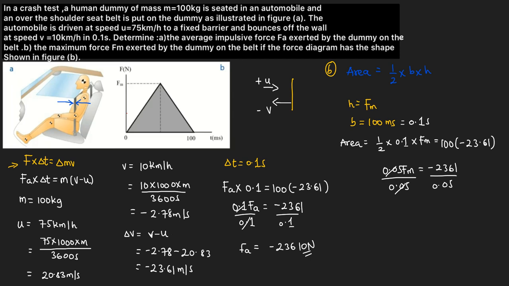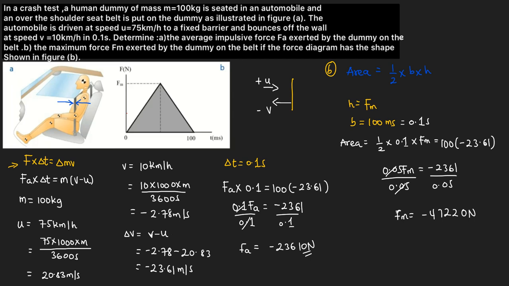Minus 2361 divided by 0.05 will give us Fm equal to minus 47220 Newton. That will be the value for the maximum force exerted by the dummy on the belt.